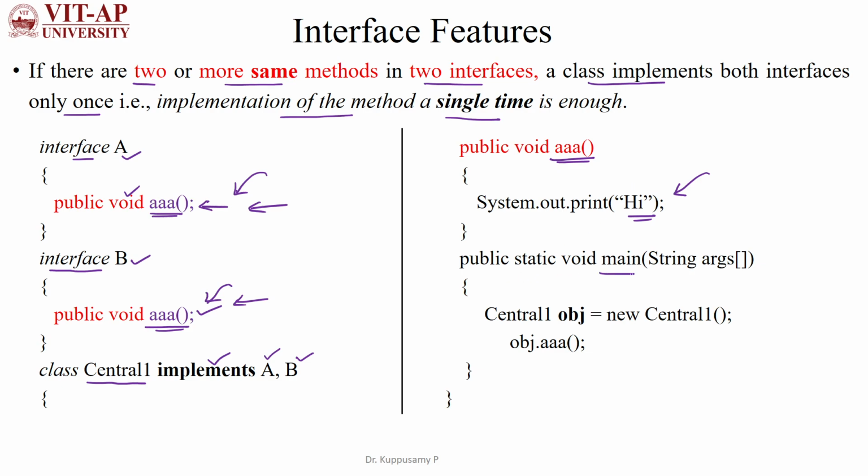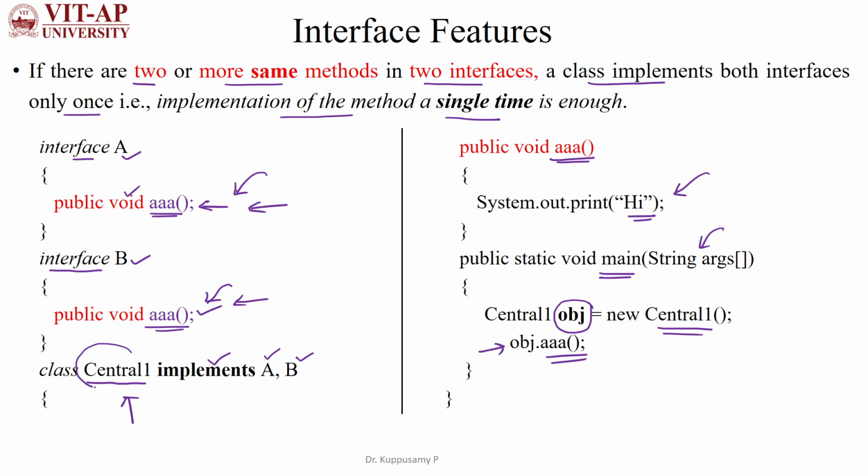Then in the main method, I take the arguments as a String data type. Then I create the object obj using the class Central1. Then I invoke the method tripleA using the object obj.